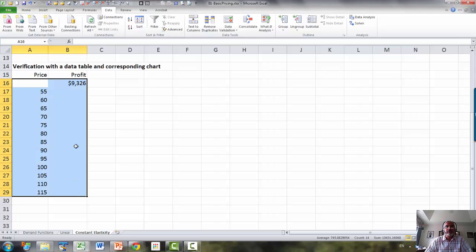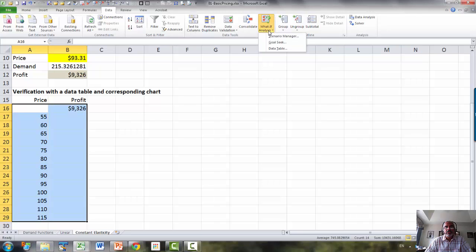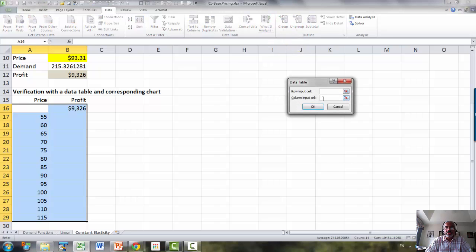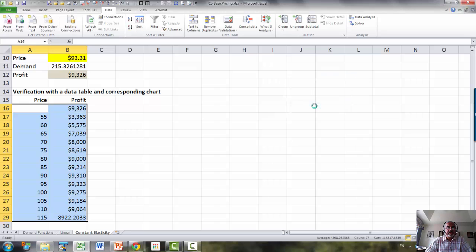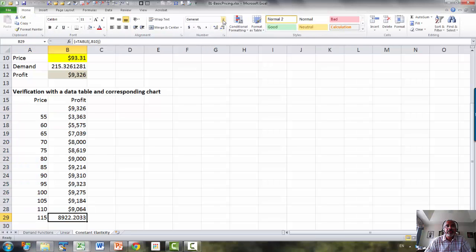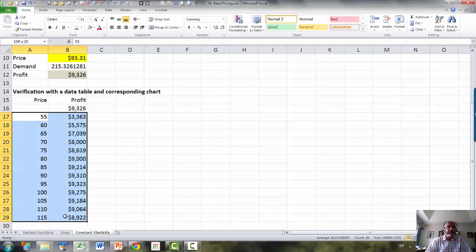So make sure that you highlight this range and do a data table, and this is the column input cell price. Click OK. Now since we already set automatic for recalculation, then it comes up with the actual number. So let's change the format here. We want currency and we don't want decimal places, and let's plot this.